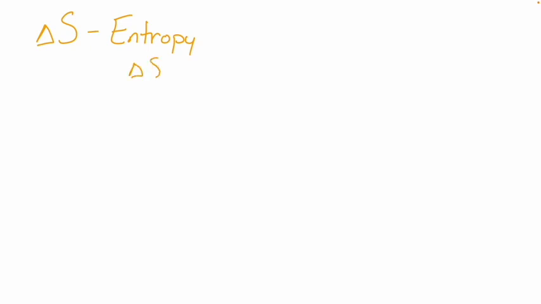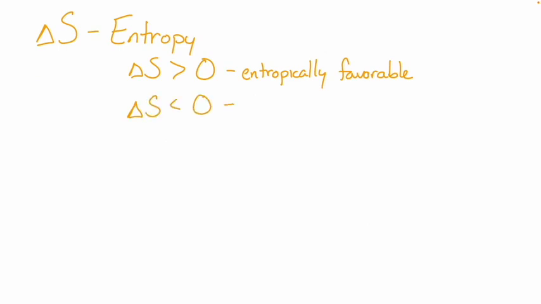All right, so when delta S is positive, that would be an entropically favorable process, right? Positive entropy is good. When delta S is less than 0, that's what we call an entropically unfavorable process.